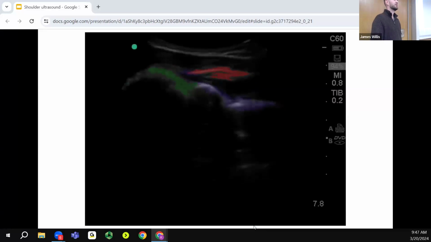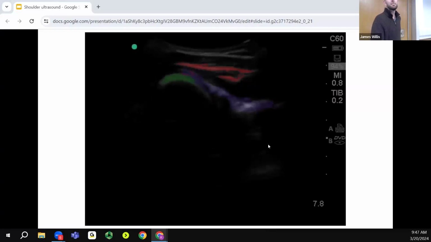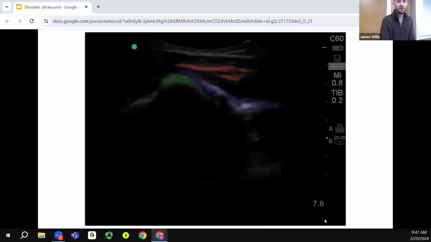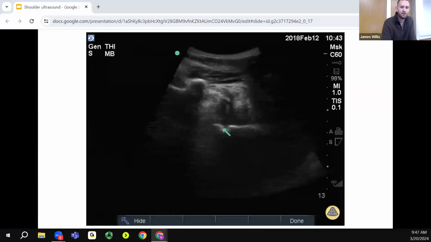No, it didn't work. No. All right, we'll keep going. I think this one's supposed to move, but it's not moving.